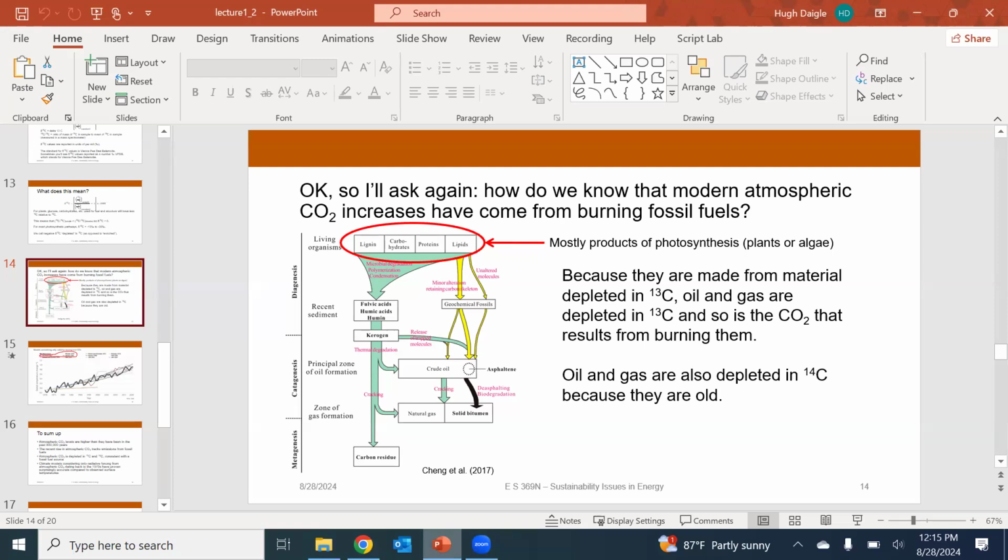So plants will be depleted, and the reason for that is that when they go through photosynthesis to make the chemicals that build themselves, they preferentially incorporate carbon-12. And so that just gives them less carbon-13 than this random fossil that we decided was going to be the standard for carbon isotopes. Okay, great. Any other questions about it? That's your geochemistry lesson for today.